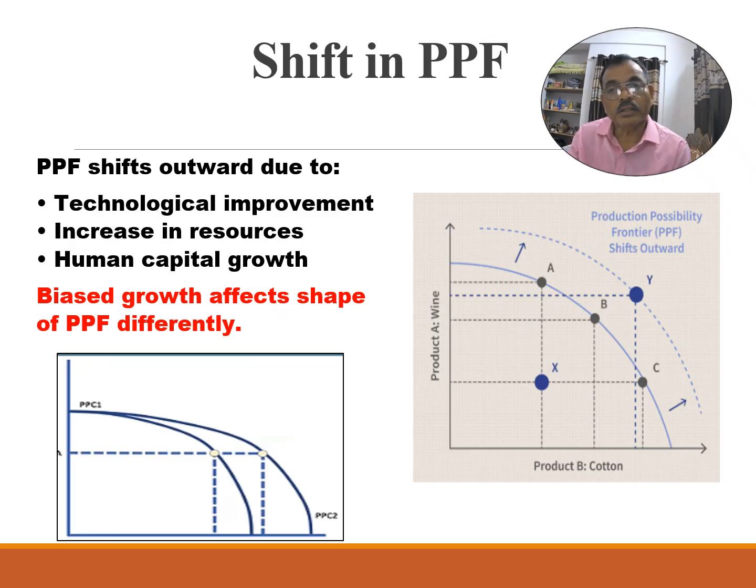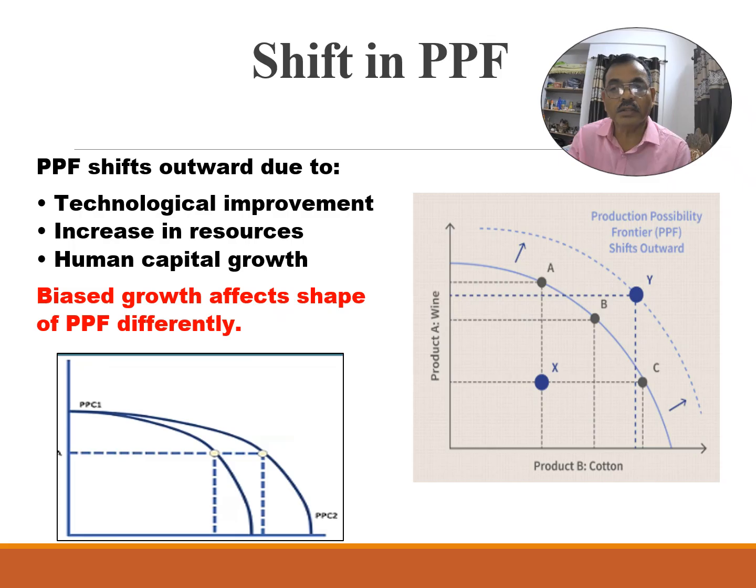Now let us discuss an important concept, that is the shift in the production possibility frontier. So far we have assumed fixed resources, labor and capital, and given technology.